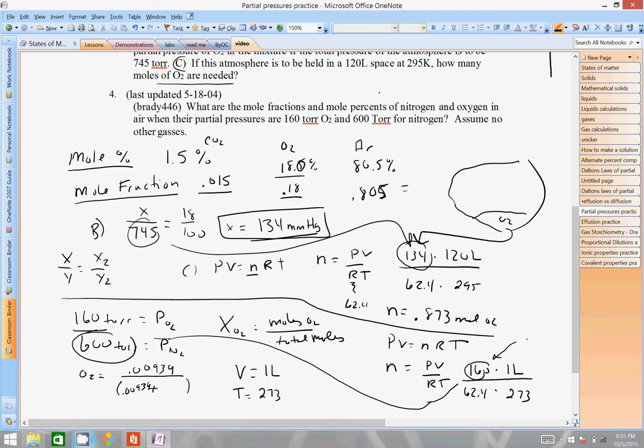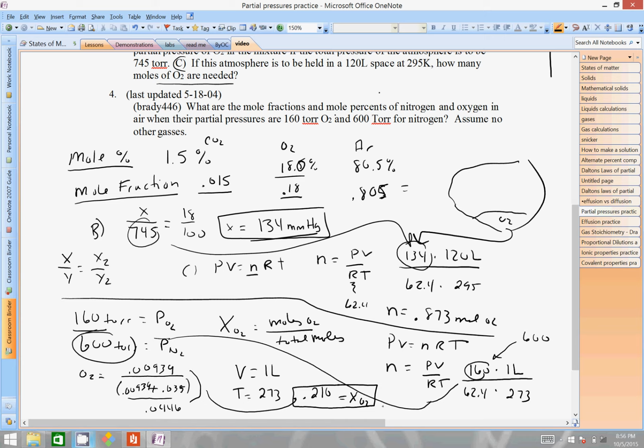I'm going to resubstitute in the value for the 600 torr, and I get 0.035. Then we simply do the math. The total is 0.0446. Divide these two, and we get 0.210. There is no unit for this; it equals the mole fraction of the O2.